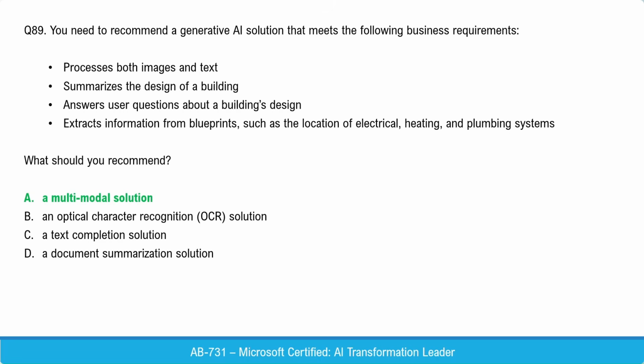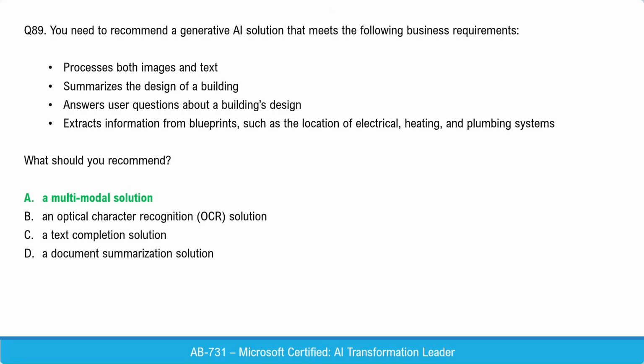Looking at other options, option B, OCR can extract text from images. It cannot understand the layout or relationships within a blueprint, so it cannot interpret building design or answer complex questions. Option C, text completion works only with text. It cannot process images at all, which makes it unsuitable for handling blueprints.